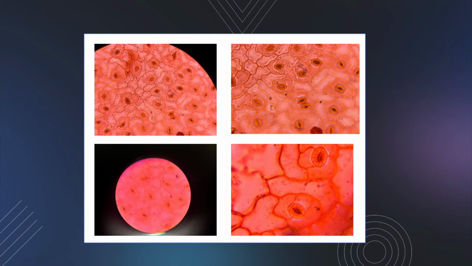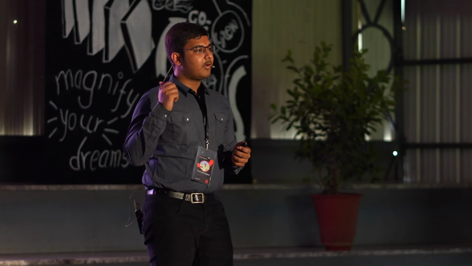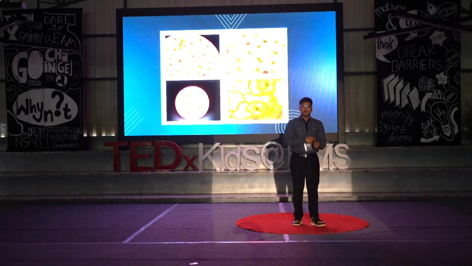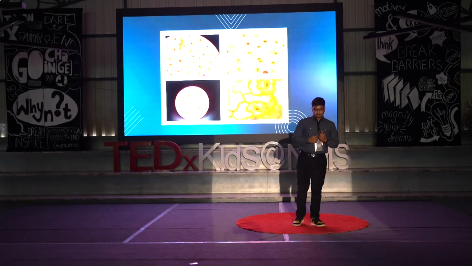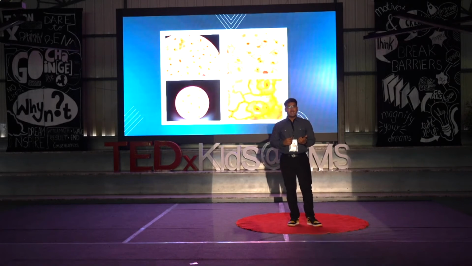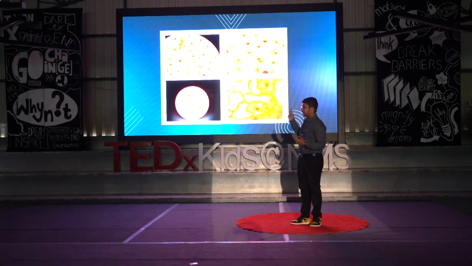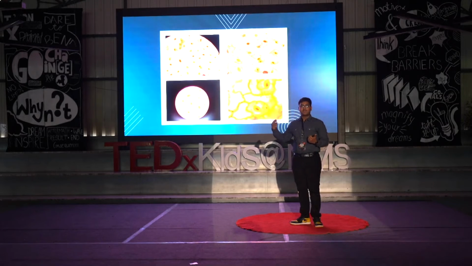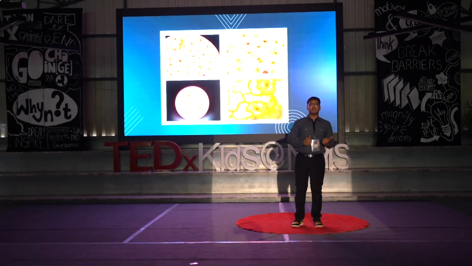Here are some of the samples that we collected for the project. I noticed that from these microscopic images, we could extract stomatal features like the number of stomata, the density, and the size, which severely affect the evapotranspiration rate.